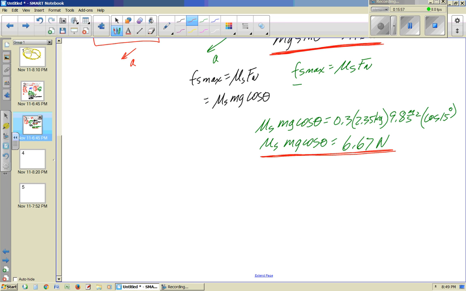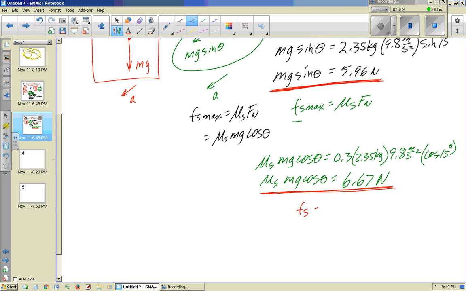Does it need to be that large? No. So what we're going to find out here is that F static in this problem, not F static max, F static would automatically have to be the same as the downhill force, 5.96 newtons. This 6.67 would only happen if we had a larger force down the hill, in fact 6.67 newtons.